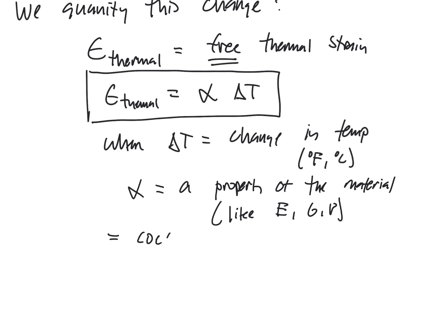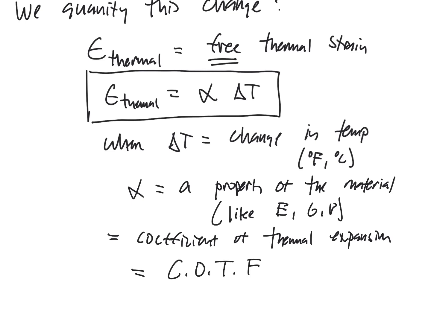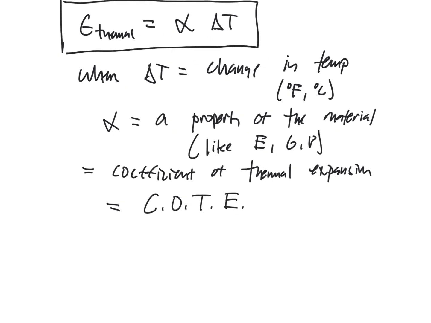It is called the coefficient of thermal expansion. And again, that's an awful lot of syllables. So almost always in the industry, everybody abbreviates it. They call it the COTE. So that is a phrasing. And maybe let's box that up like so.